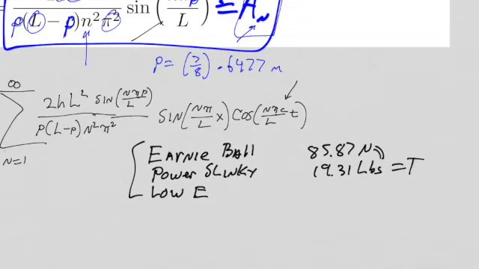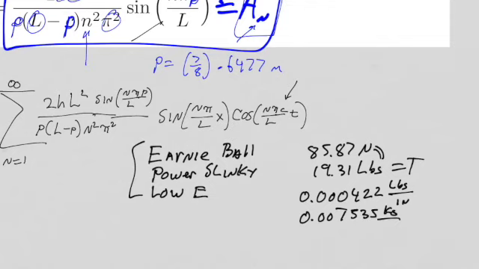And a mass density of 0.000422 pounds per inch, which is 7535 kilograms per meter, right, in metric.